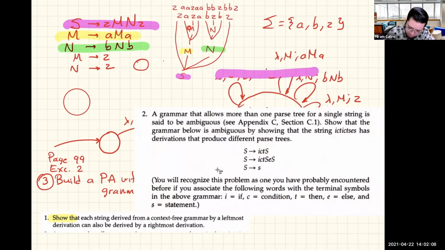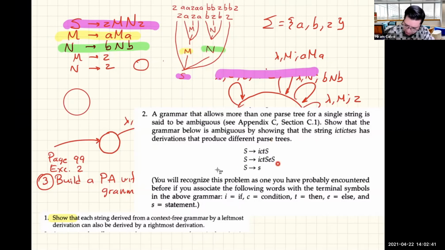I changed this Z for M and then this Z for N, and I did it in a single step. But these can be built differently if we do this first for this Z and then in the next step for the rightmost one. So I want you to try to obtain this S by first replacing only the leftmost part and then the rightmost part, and just be conscious of that.